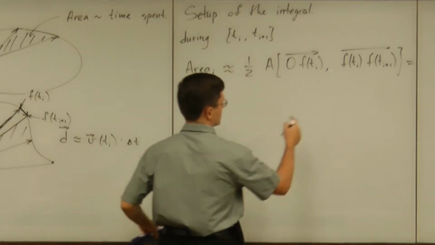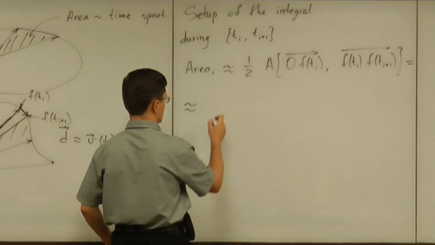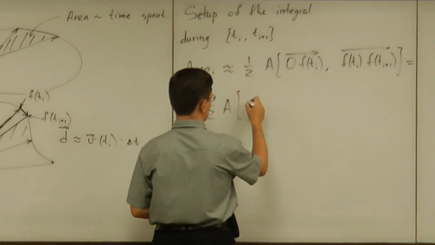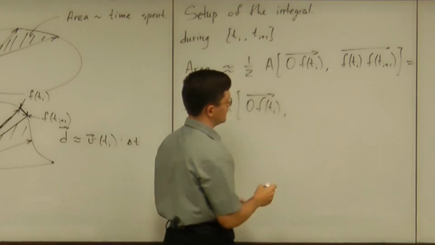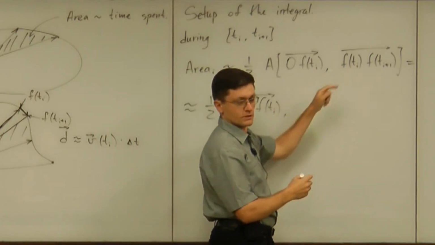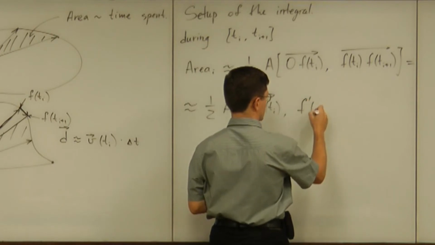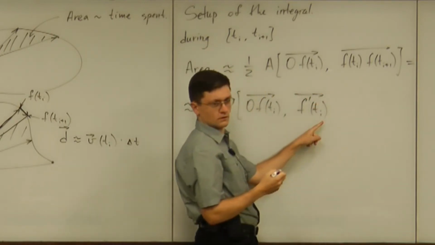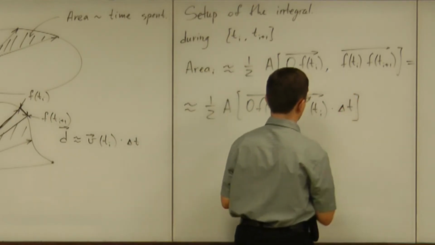Well, we say that the displacement is approximately, so we do approximation again, approximately the velocity at the time ti. So velocity is f prime of ti, and that is a vector multiplied by the time spent, which is delta t.